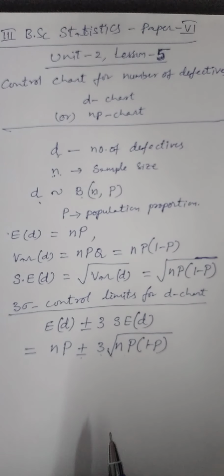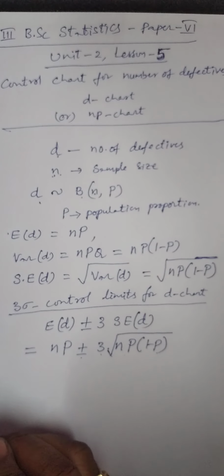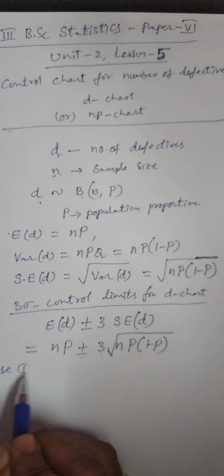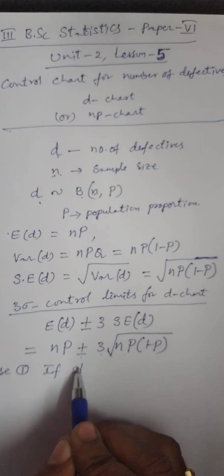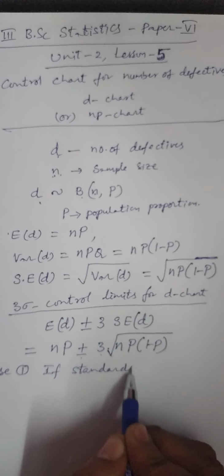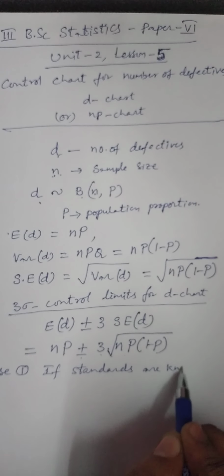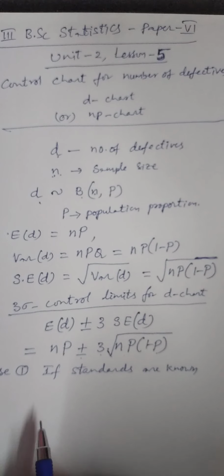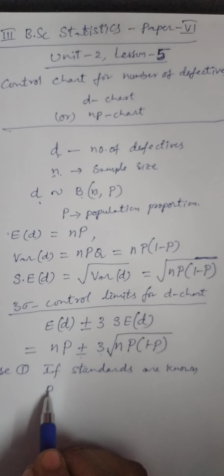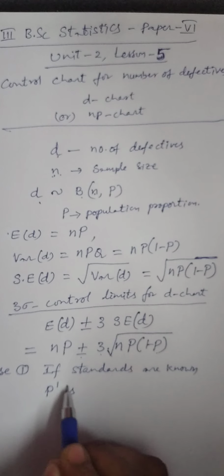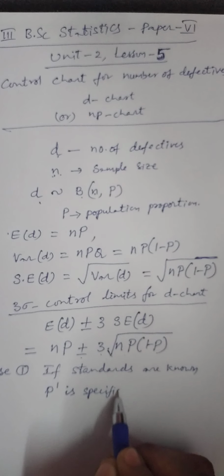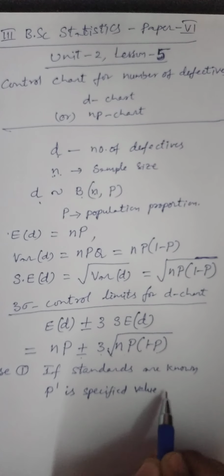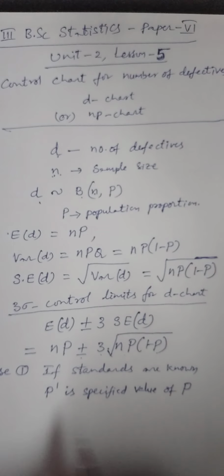So now we have to observe the cases. Case 1: if standards are known. In such a case, let us consider P dash is a specified value of capital P, in which P is known.